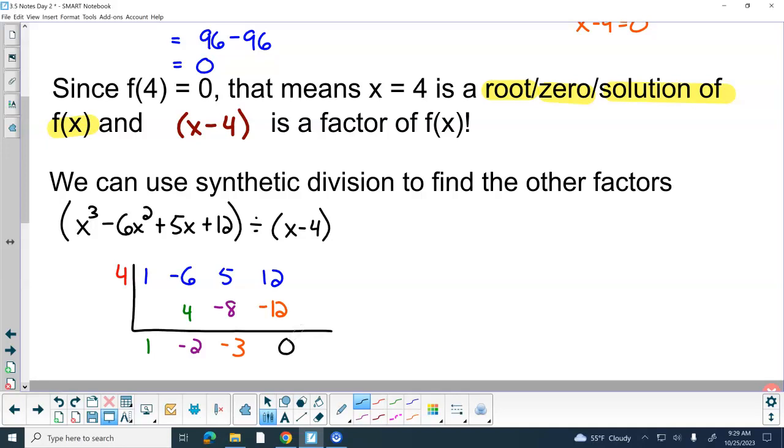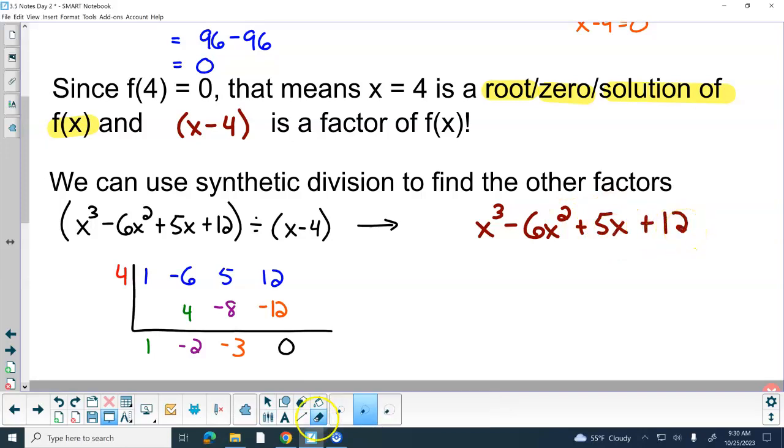So what this is saying is, let me even go back a step. We started with x cubed minus 6x squared plus 5x plus 12. That's where we started.